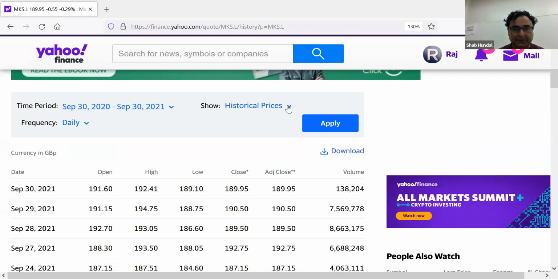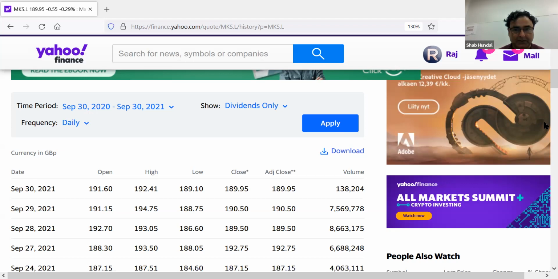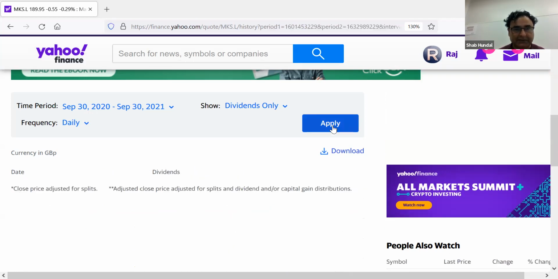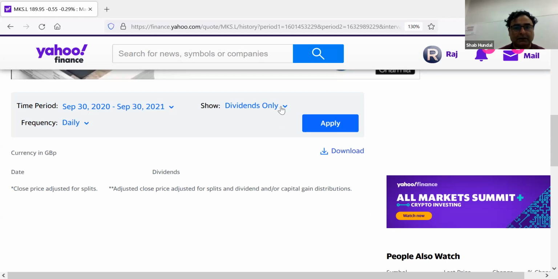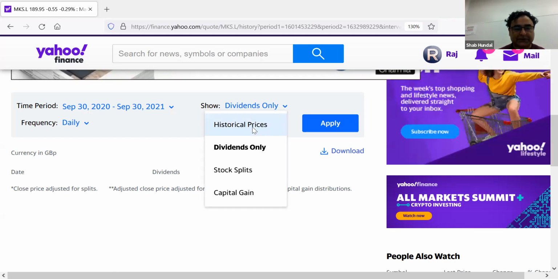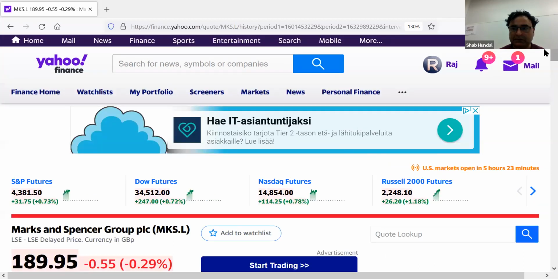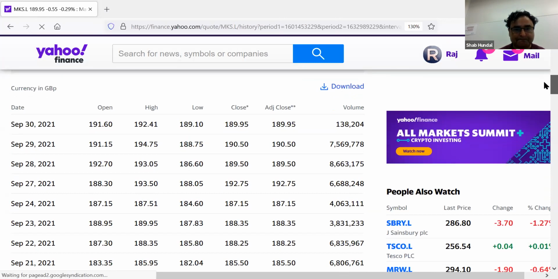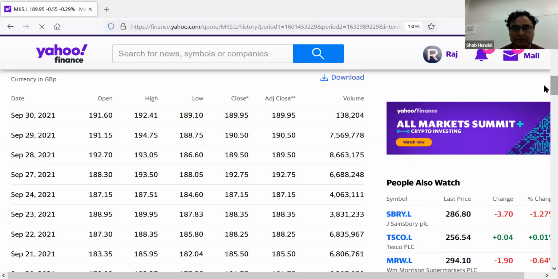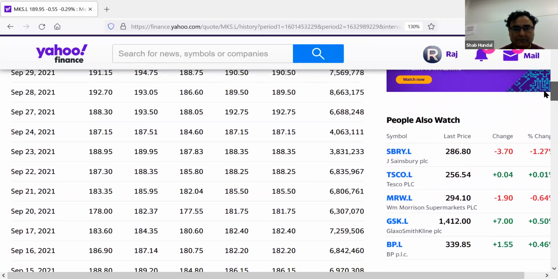If I pick up the dividends only, and I apply it. Okay, historical prices. They can be paying dividends for the time horizon, because maybe you can change the time horizon.